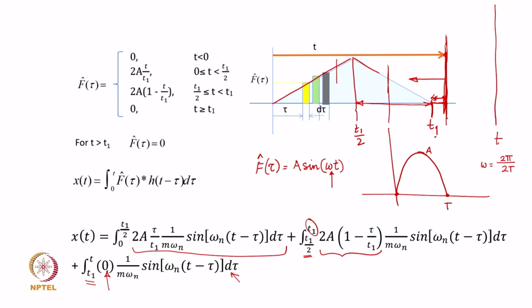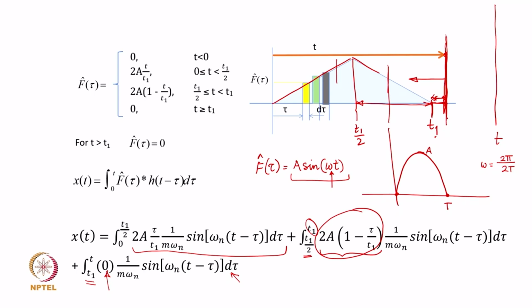If instead of a triangular waveform you have a half sine pulse, then f cap tau will have to be taken accordingly. Instead of this linear function, you will have a harmonic function, and there will be a product of two sine functions, and accordingly the integration will have to be carried out.